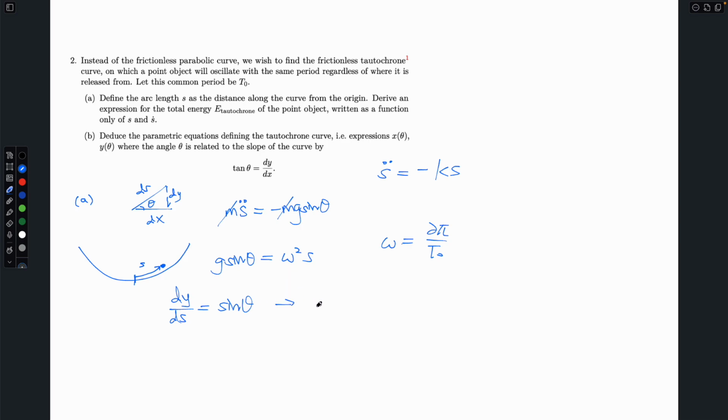So this should give dy ds is equals to this, and then y as a function of s is, okay, assuming that y equals 0 at s equals 0, which makes sense, the way we defined it here.